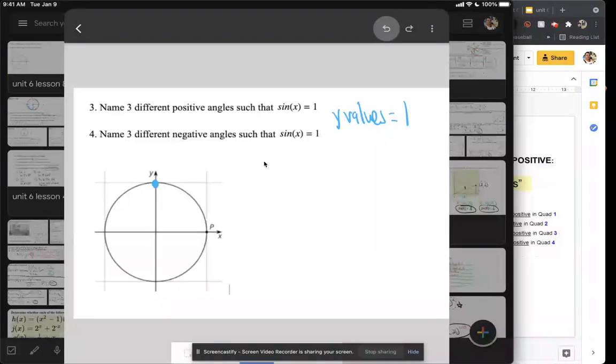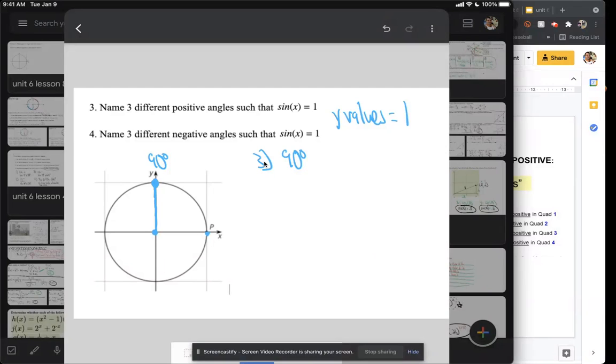What am I talking about? It's just going to be up here because this is 0 and then going up 1. So the angle is up here. If I start at 0, this would be a 90-degree rotation, so that would be one positive angle of rotation.